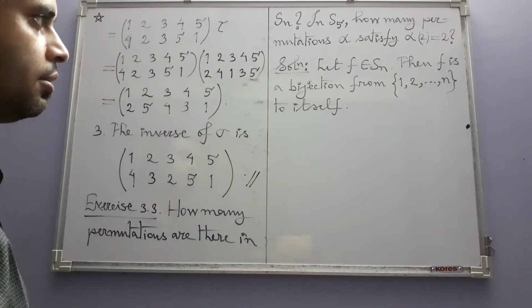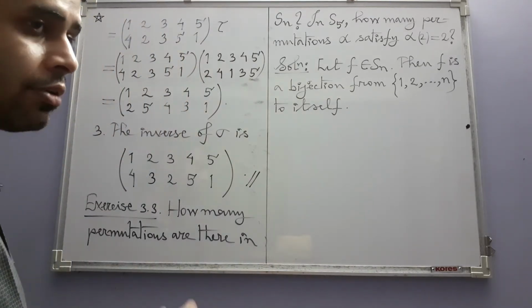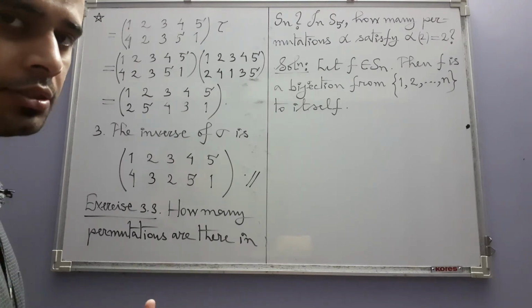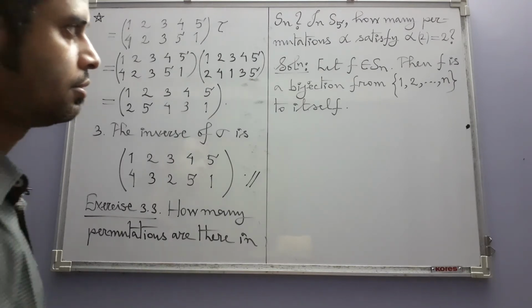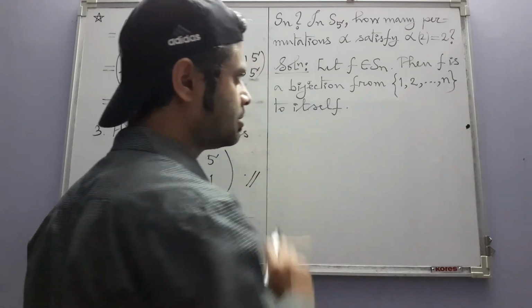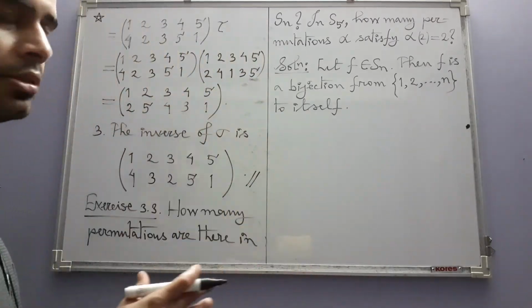Okay. Now f of 1, that means the image of 1 under f, is any one of these, because it's a bijection from this set to itself.